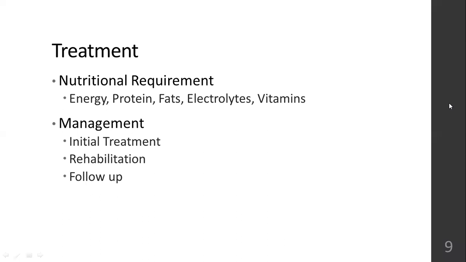So when the child is going back home, the child is definitely going back to the same environment. You can change the health of the child in a hospital, but you cannot take the child out of poverty.